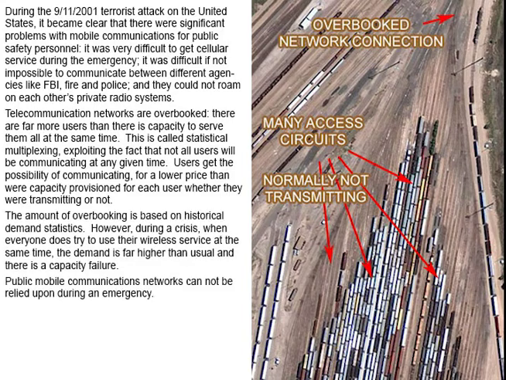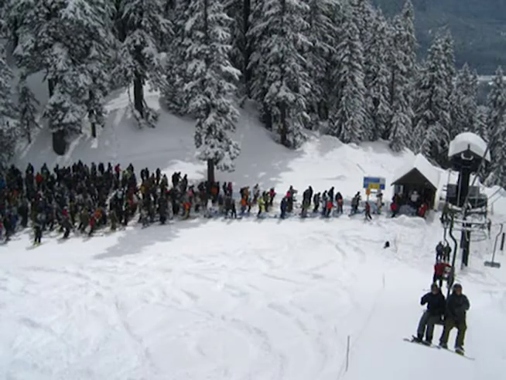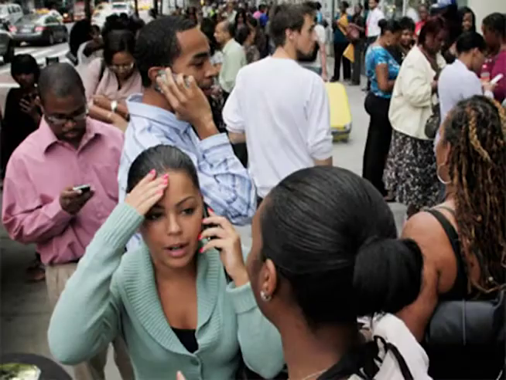The amount of overbooking is based on historical demand statistics. However, during a crisis, when everyone does try to use their wireless service at the same time, the demand is far higher than usual and there is a capacity failure. Public mobile communications networks cannot be relied upon during an emergency.